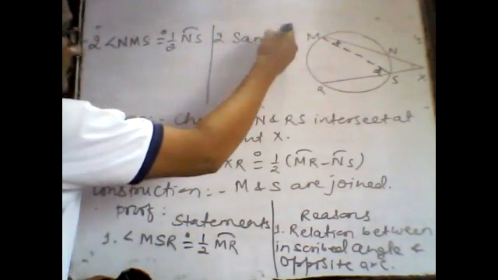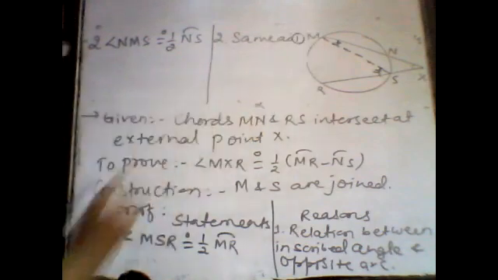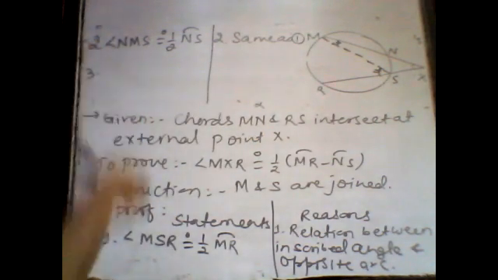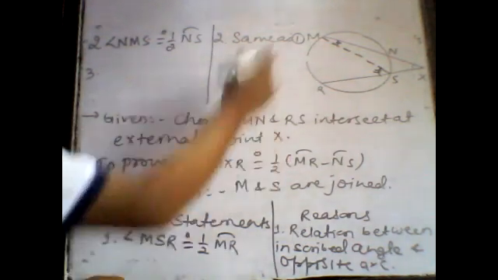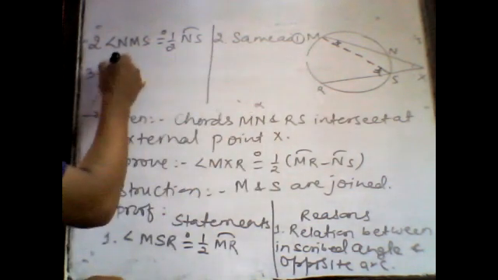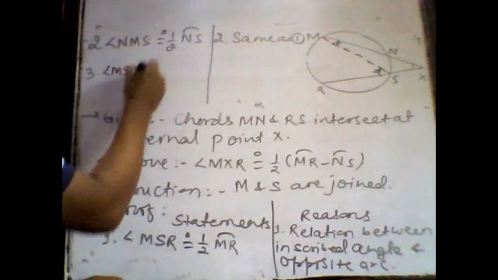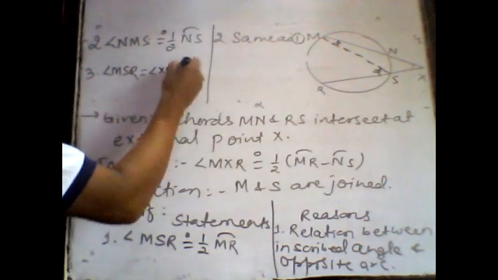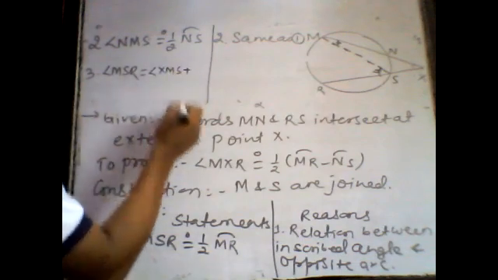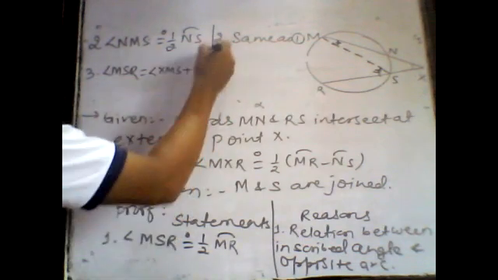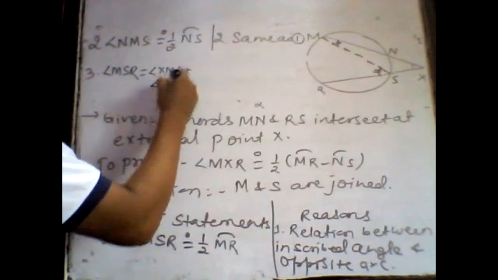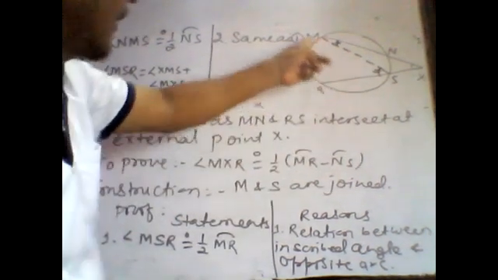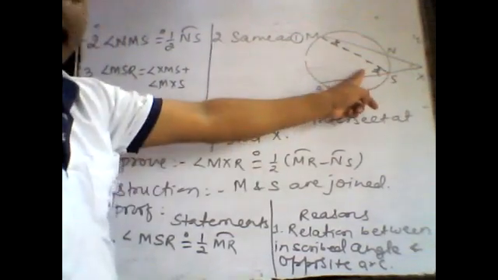Same as statement number 1. Now in number 3, we have to find the relation between these three angles. Therefore, we can write MSR equals angle XNS plus angle MXS. See, MSR is an exterior angle.